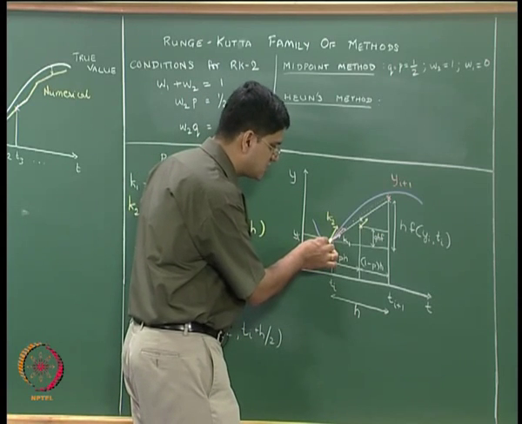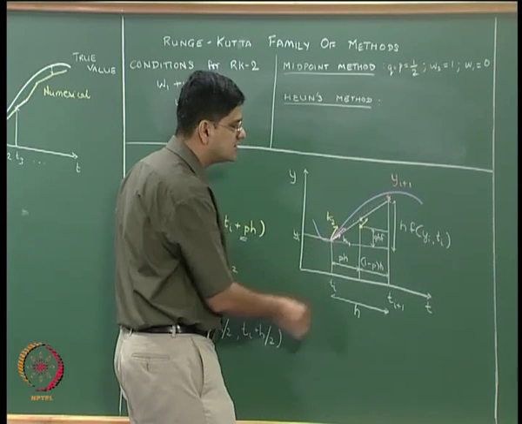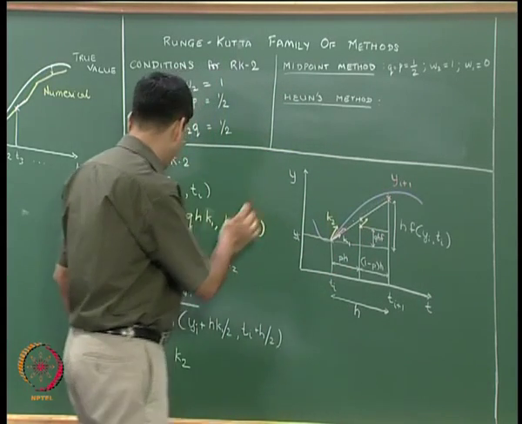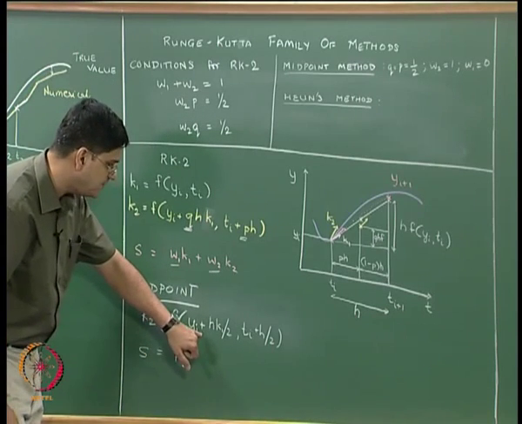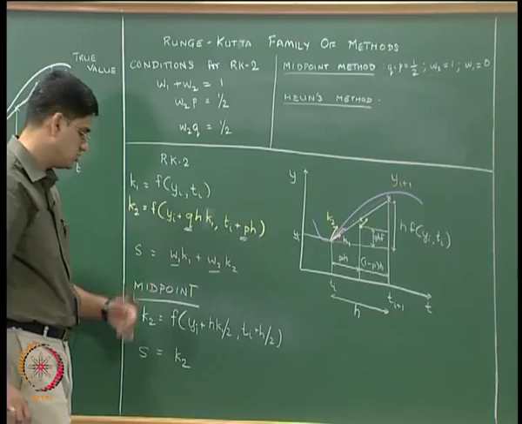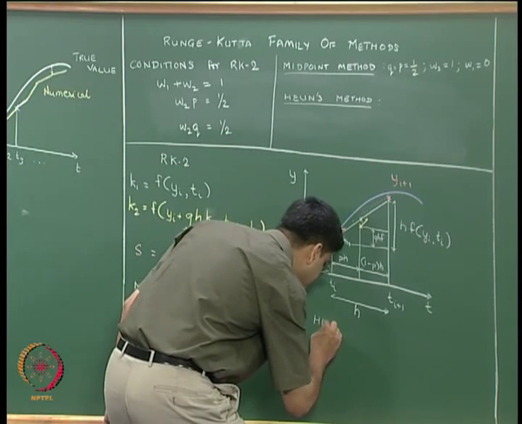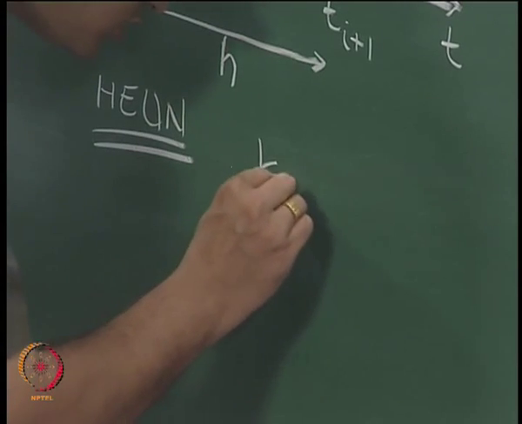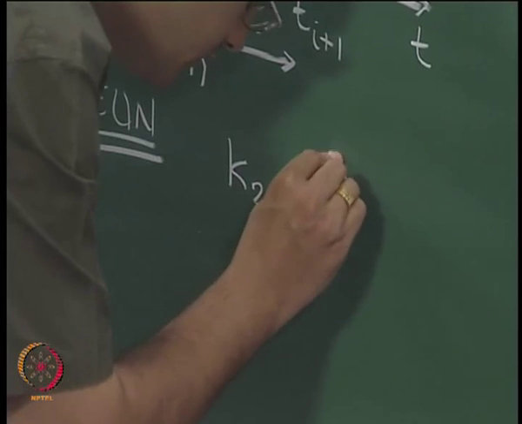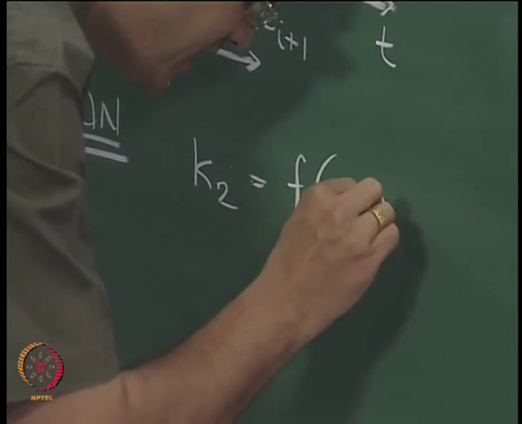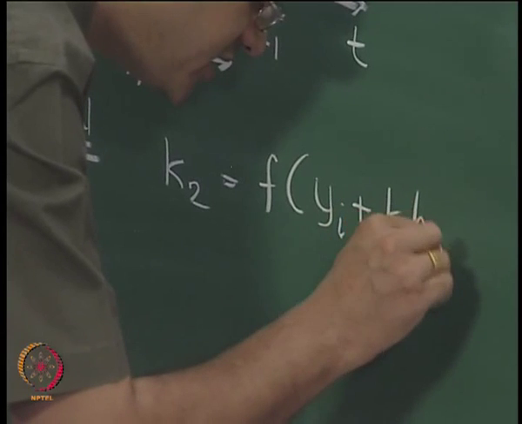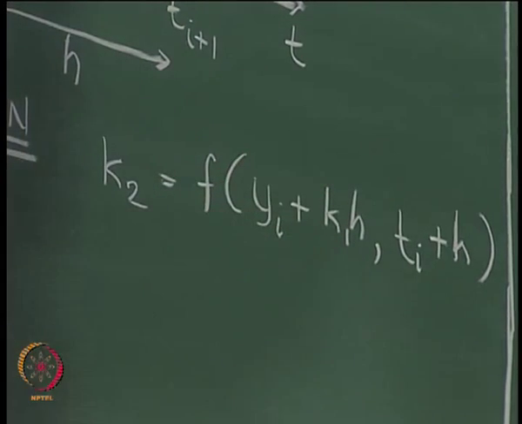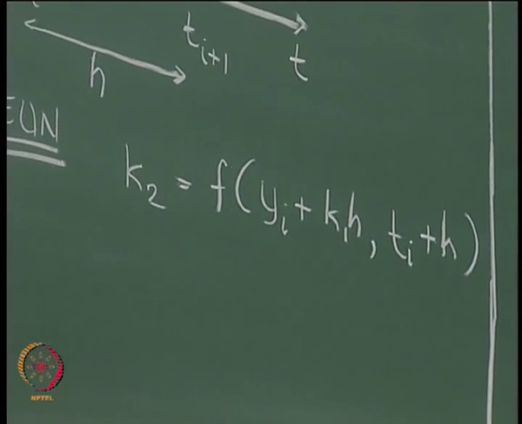That means the slope k1 is of course computed at this point, and the slope k2 is computed at the projected point, which is going to be f of yi plus h k1 comma ti plus h. Okay. So for Heun's method, our k2 is going to be equal to f of yi plus k1 h comma ti plus h. Okay. That is what the value of k2 is going to be.